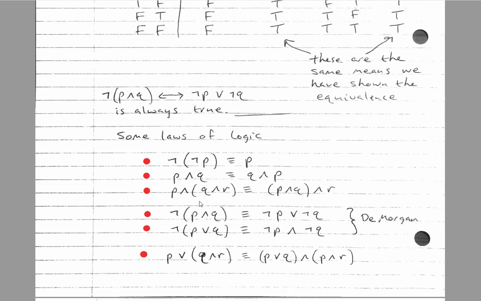P and the quantity (Q and R) is equivalent to (P and Q), quantity and R. This is saying that AND is associative. Yeah, you have the same things for OR as well.